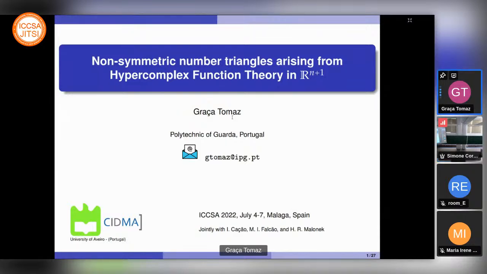Yes, good afternoon. First, I would like to thank the organizers for giving me the opportunity to present this talk. This is a joint work with Isabel Cação, Irene Falcão, and Helmut Malonek.